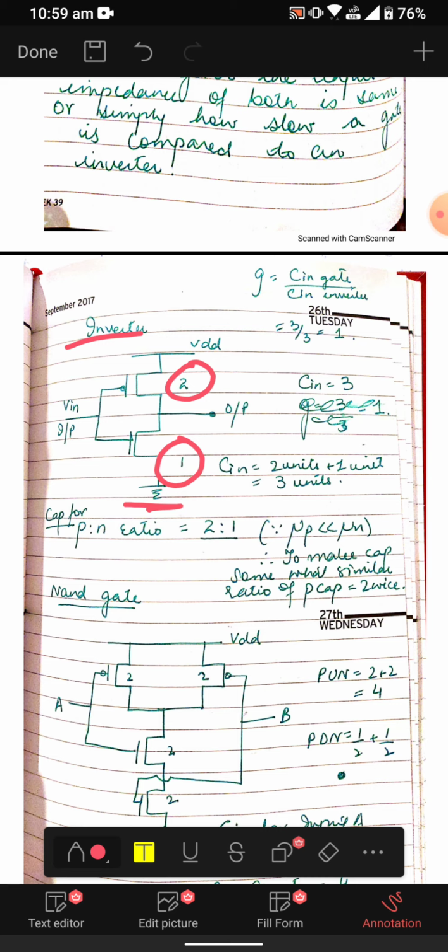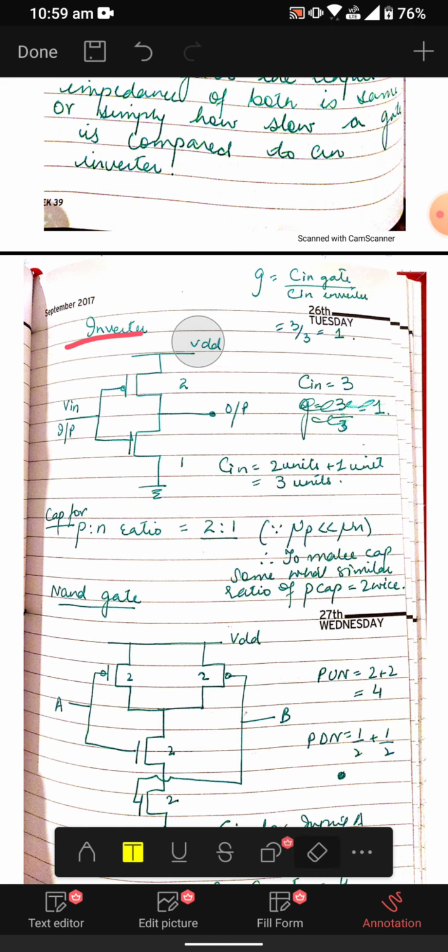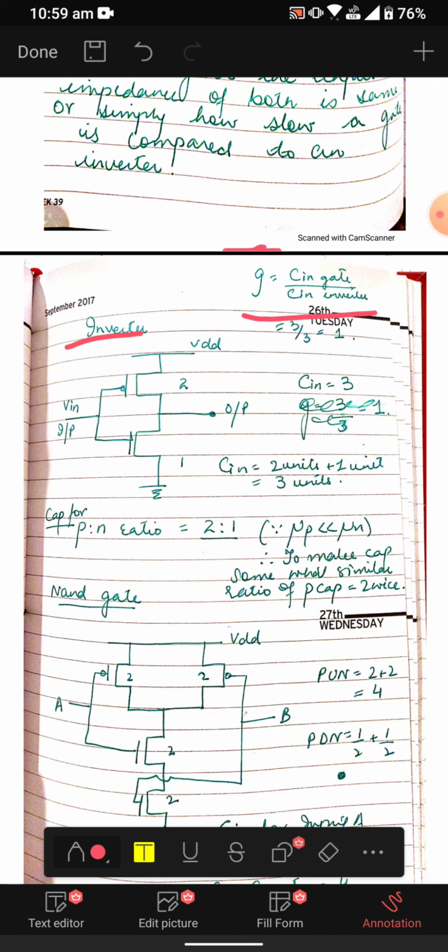Now, keeping this in view, I told you that G is equal to C in gate by C in inverter. That is the input capacitance of a particular gate with respect to the input capacitance of the inverter. One thing you need to notice is that the input capacitance of any gate is directly proportional to the W by L ratio.